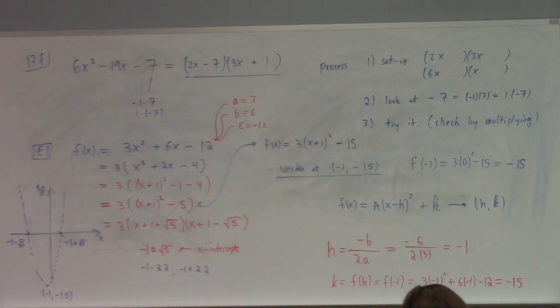Something we should remember, a fun fact, just remember this one: x squared plus any number, prime. I'm assuming c is positive. If you have x squared plus any positive number, that's prime. The only way you can factor that is to introduce complex numbers.